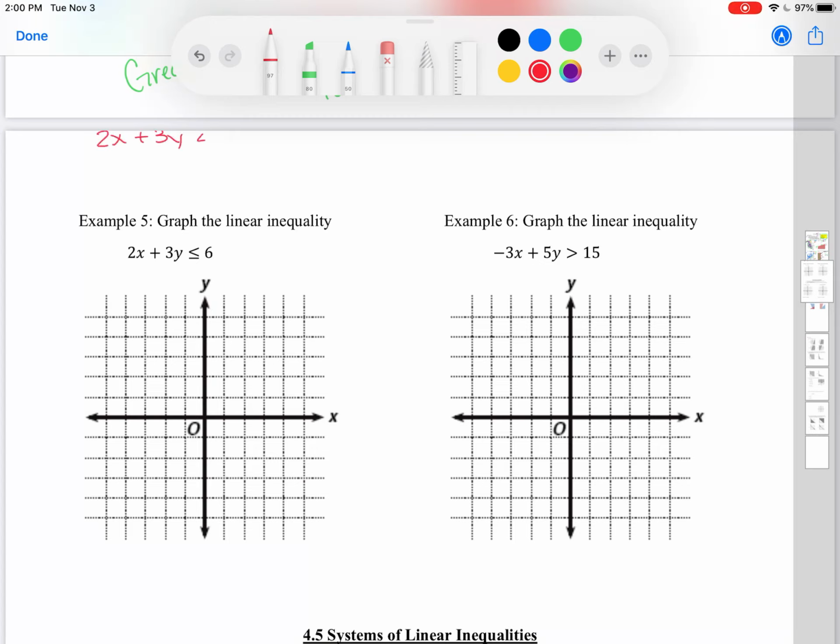How do we rewrite terms over to the other side so we can get it to say y equals all by itself? So I'm going to take this function for question 5 here, and I have 2x plus 3y is less than or equal to 6. And I want it to say y something. I want y all by itself. That is my end goal.